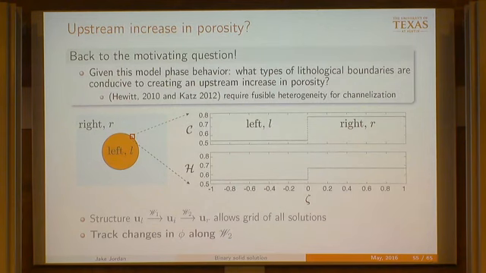We're back to reminding you that this left state is being injected into the right state, but we're getting to the motivating question now: is this lithology conducive to creating an upstream increase in porosity? Is there melting and dissolution, or freezing and precipitation along these wave paths? To understand that, we just track the changes in porosity along that second wave, wave 2.